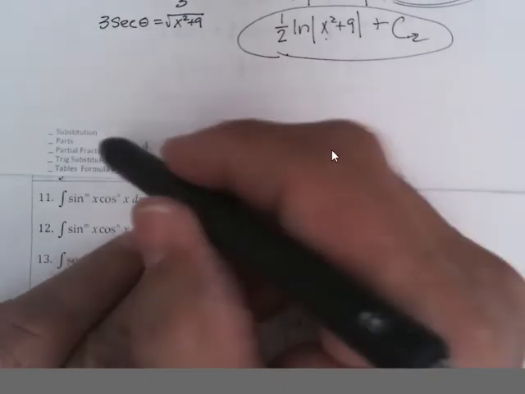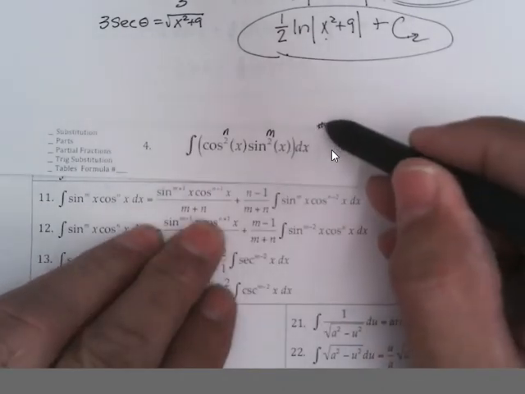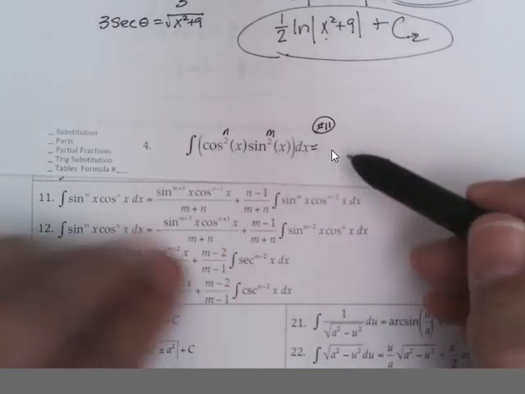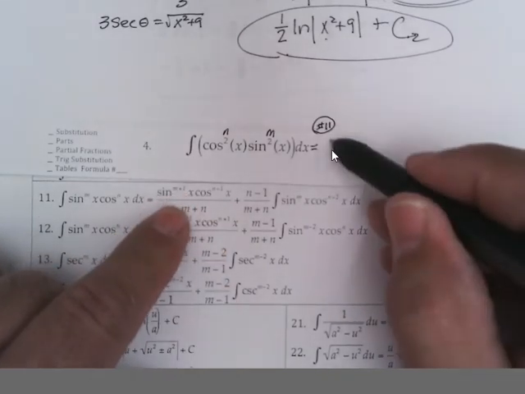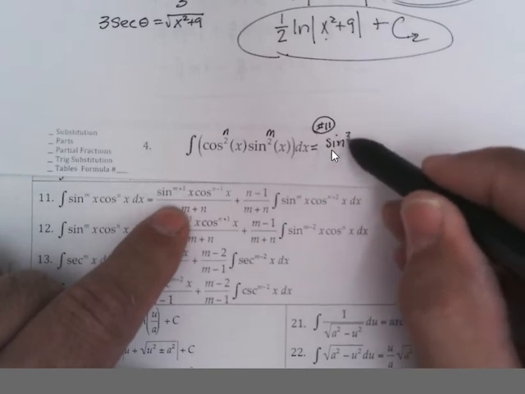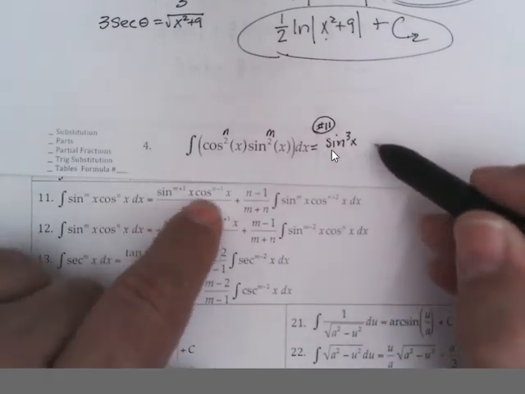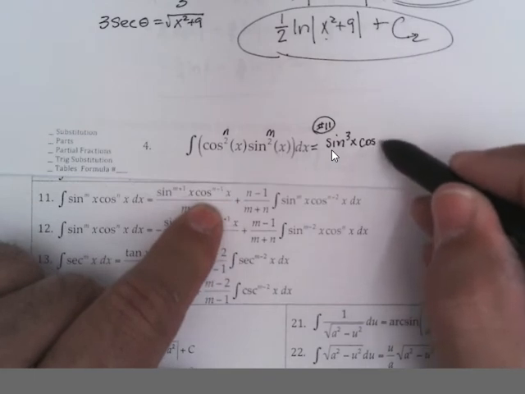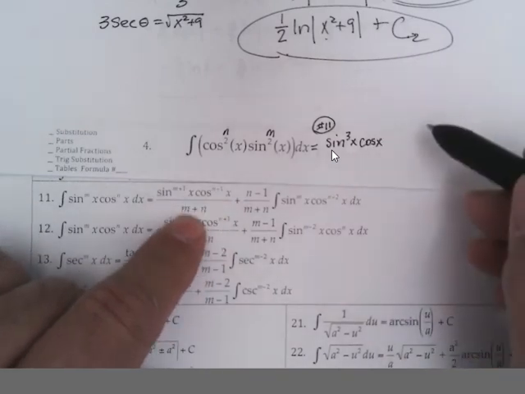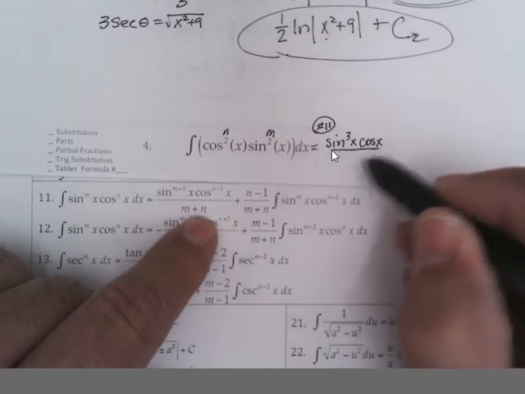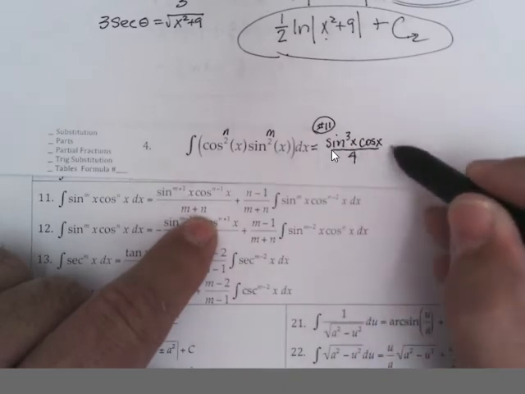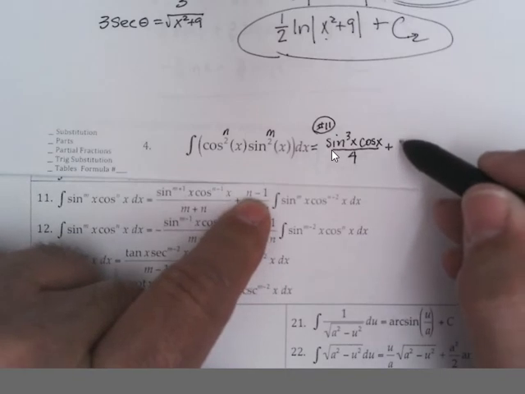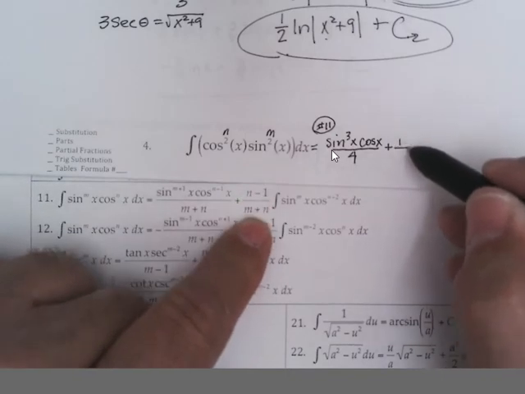Using number 11, I get sine increased by 1, so that would be sine to the third x. Cosine power decreased by 1, so that would be cosine to the 1. Over 2 plus 2 is 4, because m and n are both 2. Plus 1 less than n, well, both of them are the same, so 1 less than 2 is 1, over the sum, which is 4.